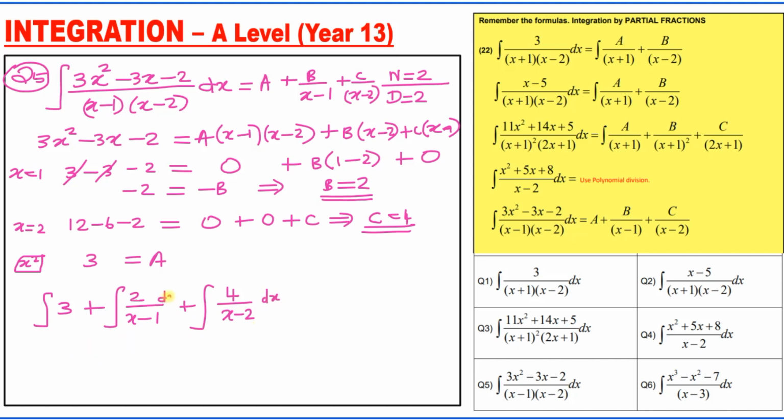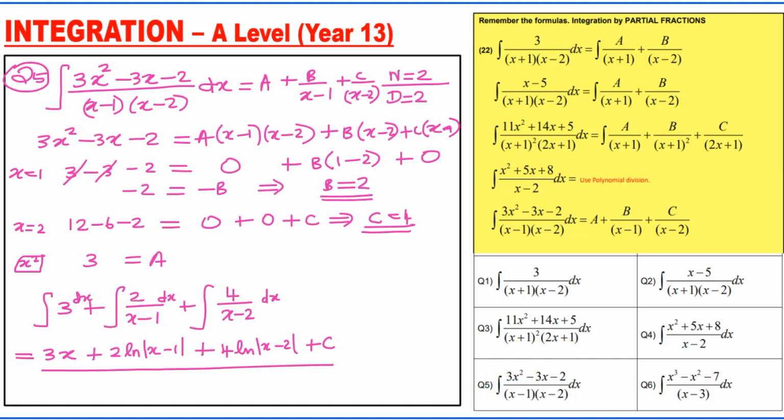So we integrate the entire expression in several components. Integrating 3 gives 3x, plus integrating 2 over x minus 1 gives 2 ln|x minus 1|, and integrating 4 over x minus 2 gives 4 ln|x minus 2| plus c. And that is the answer for question number 5.